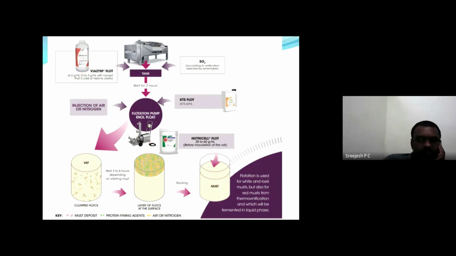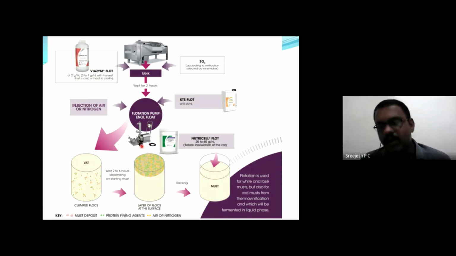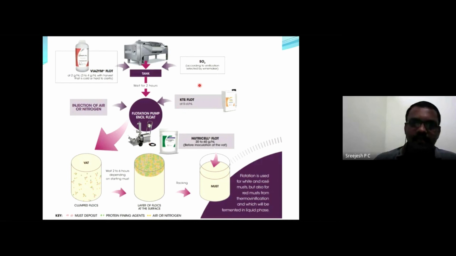After that, they sparge air, using different types of gas like carbon dioxide, atmospheric air, or an inert gas like nitrogen. So different ways are there to use, and they will clarify the juice. This is a schematic indicating the clarification of the fruit juice.